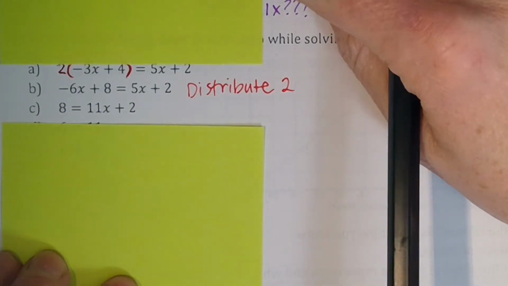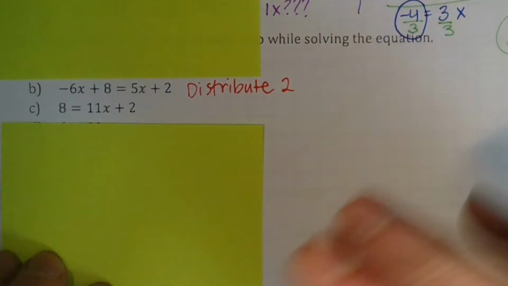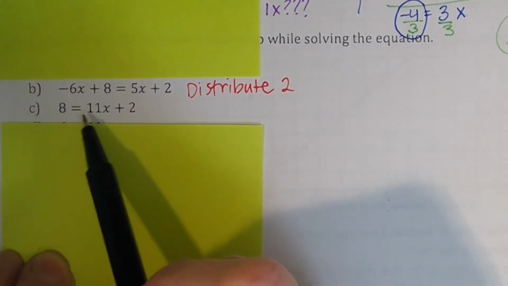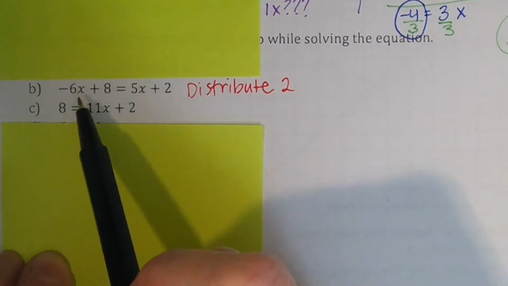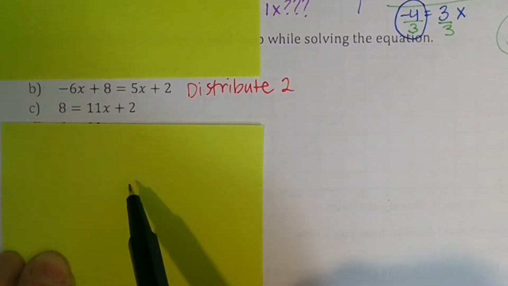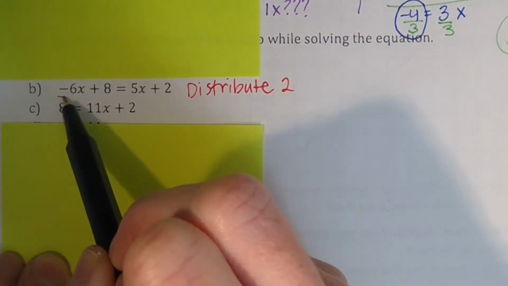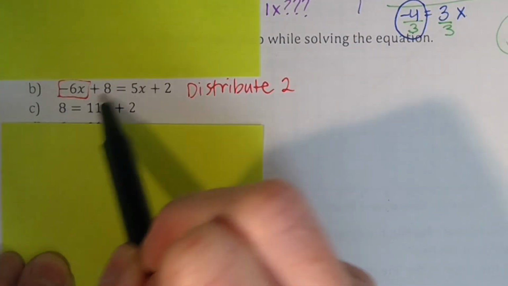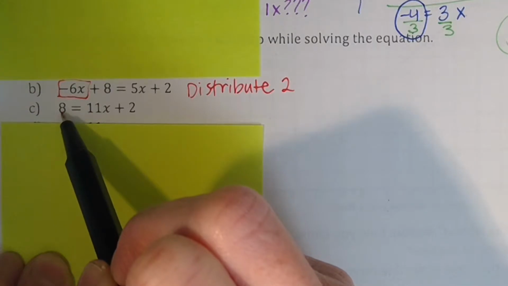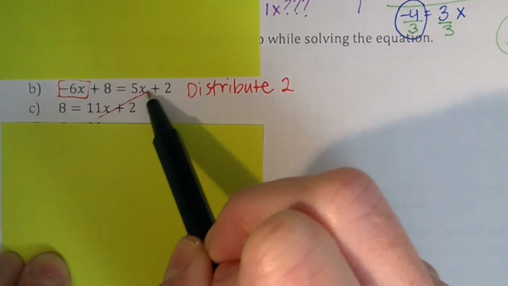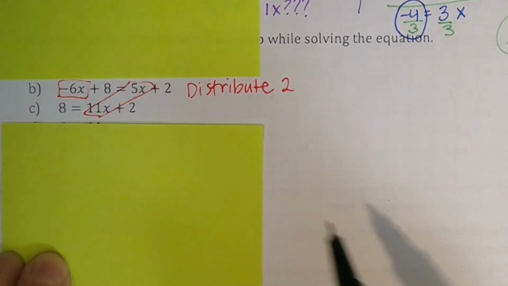Let's look at the next step. We can move our paper if we need to. 8 equals 11x plus 2. So let's see what changed from one step to the next. Well, something happened here because all I'm left with is an 8. On the right-hand side, my 2's stayed the same, and something happened there.